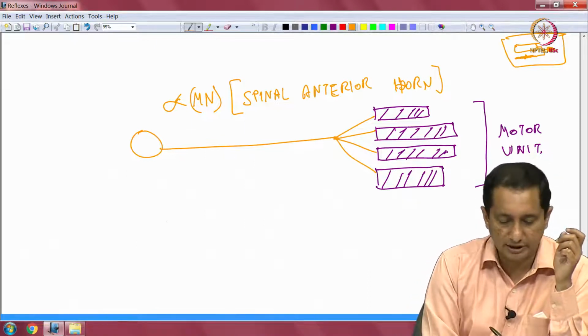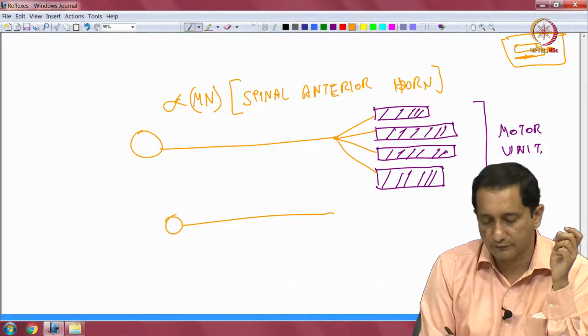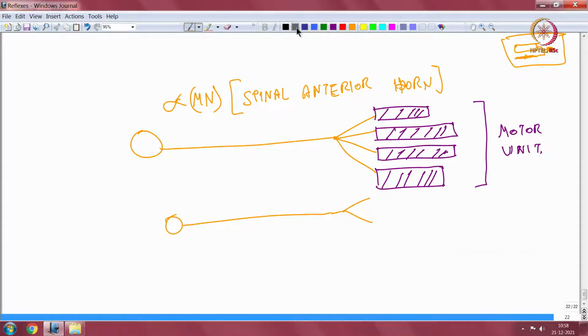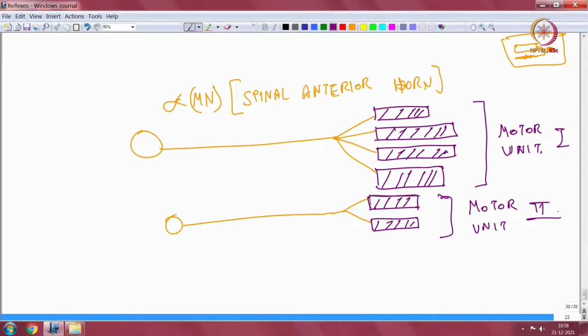So, there are multiple such motor units of varying sizes. It is a bit of an exaggeration over here, but it is to tell you the concept of how tasks are relegated. As you can see here, there is motor unit 1 and then there is motor unit 2. Motor unit 2 is smaller when compared to motor unit 1.